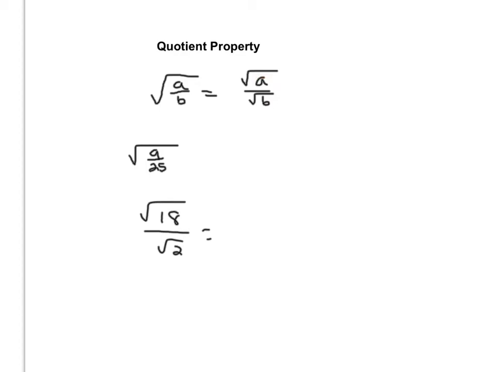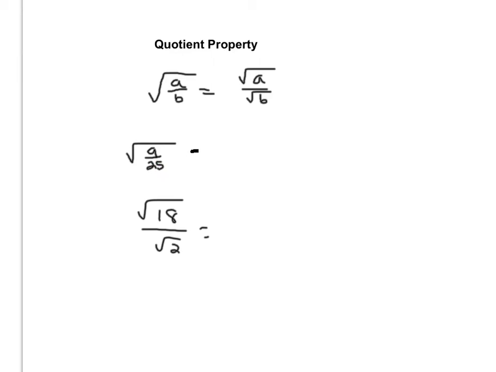So for example, the square root of 9 over 25, we just simply break that apart into the square root of 9 over the square root of 25 and simplify as much as we can. Well, 9 is already a perfect square, so that just breaks down to 3. And 25 is a perfect square, it breaks down to 5. And our fraction is simplified, so we are done.